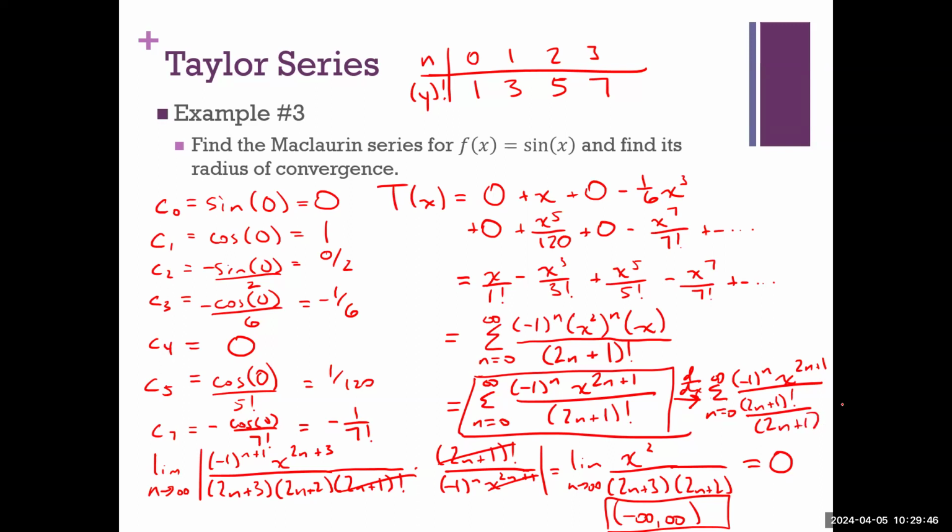Can I simplify it? The (2n plus 1) factorial can be written as (2n plus 1) times (2n) factorial. We usually go the opposite direction, but here I can pull that 2n plus 1 out of the factorial and cancel it with the 2n plus 1 below it, leaving 2n factorial.